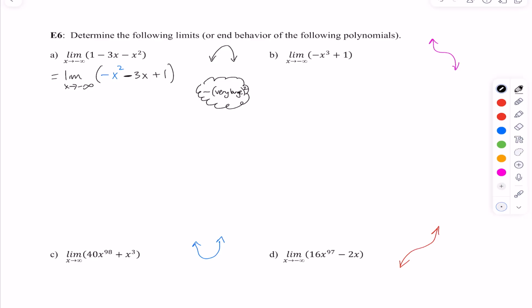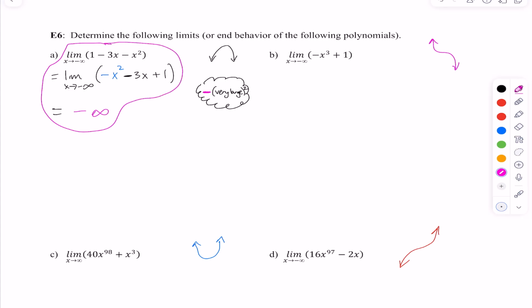So what's very large squared? It's still very large, and then of course take its opposite direction. So do order of operations: take very large, square it, you still get very large, and then you take its opposite direction. So this limit, not surprisingly, is negative infinity, and it matches your algebra experience.